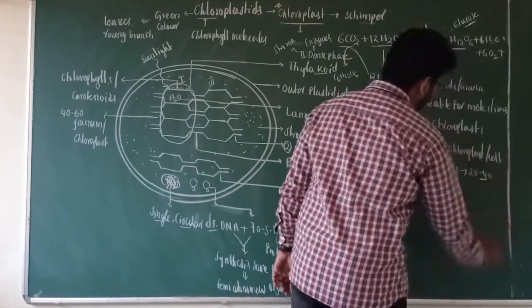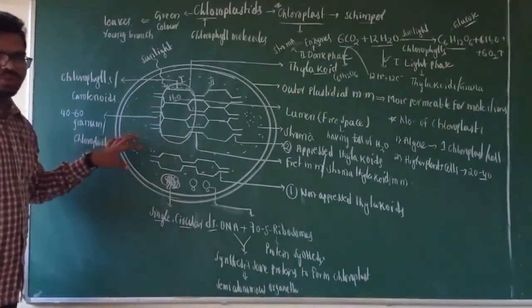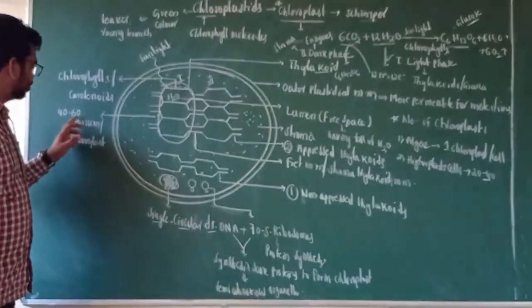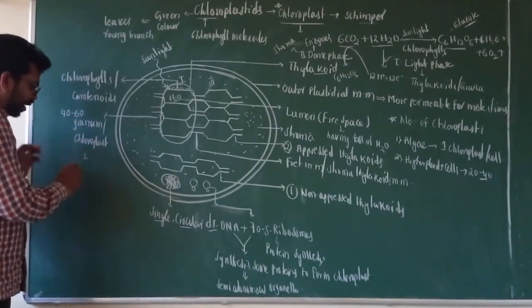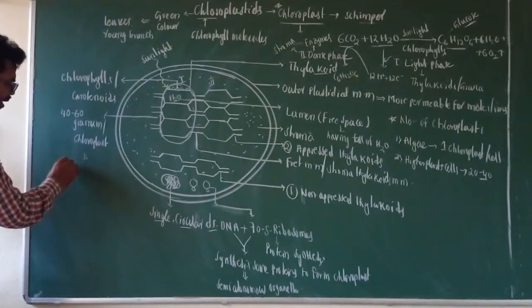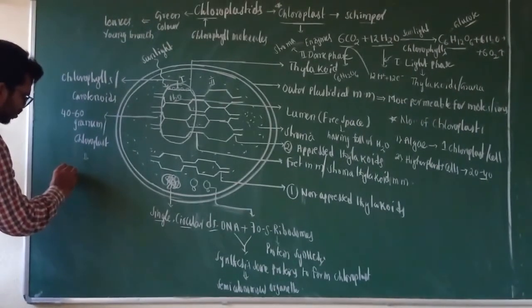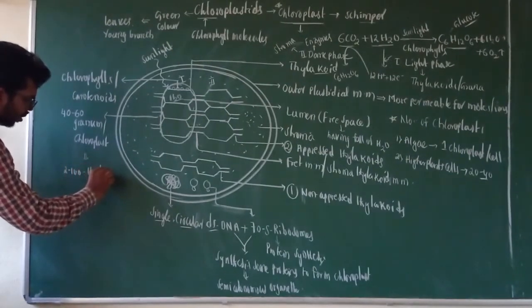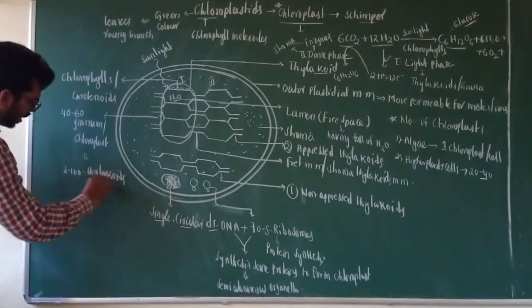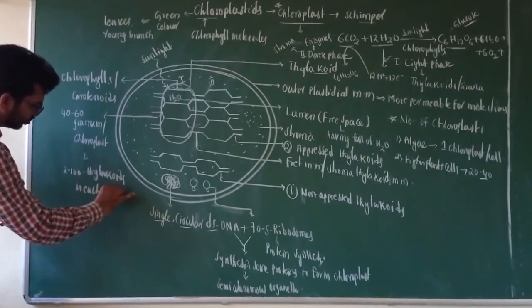I also told you that each chloroplast has 40 to 60 grana, and each granum has 2 to 100 thylakoids.